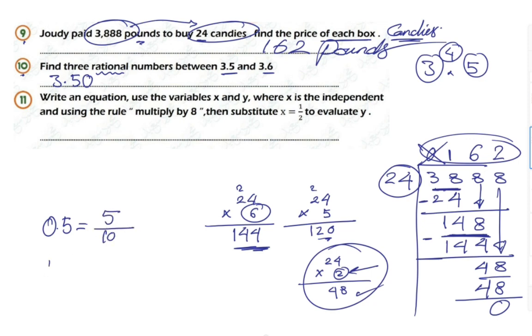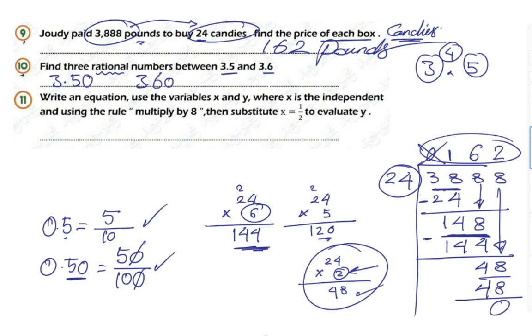Over 10. But this 50 over 100. This is the 10th place. This is the 100th place. So they are equal to each other. The same thing, 3.6 equals 3.60.